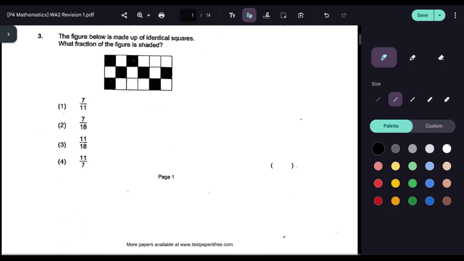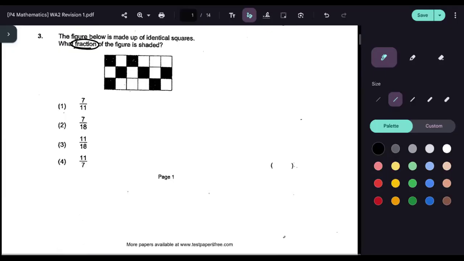Question number 3. If you have any questions, you can type in the comments, I will see. The figure below is made up of identical squares. What fraction of the figure is shaded? You realize I circle the word fraction because some people will say, I see 1, 2, 3, 4, 5, 6, 7.